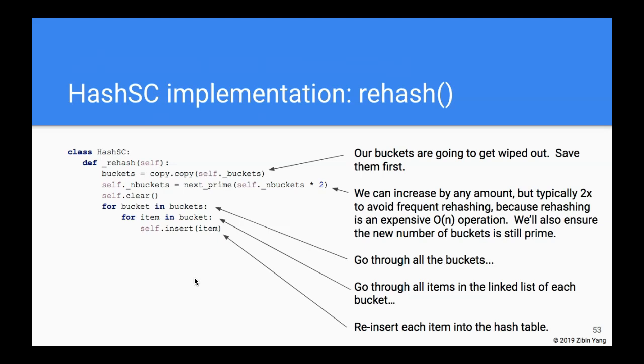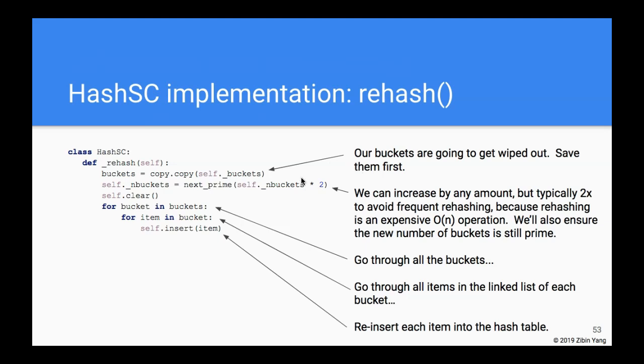is we make a copy of all of our linked lists first, because the resize is going to actually wipe them out. Then we figure out the new number of buckets. We could just increase the number of buckets by 1 or 2, but that really doesn't make sense because then we would have to resize very frequently.